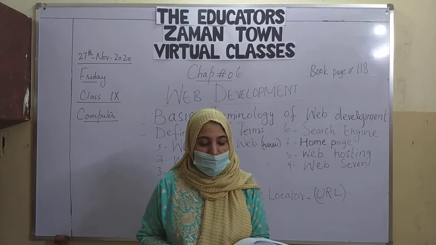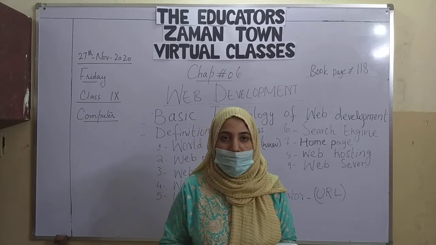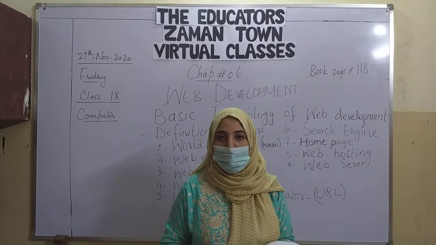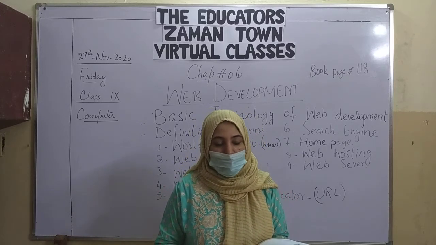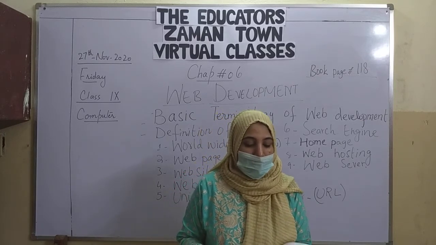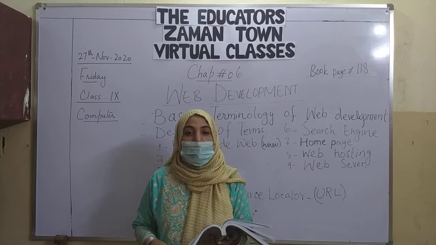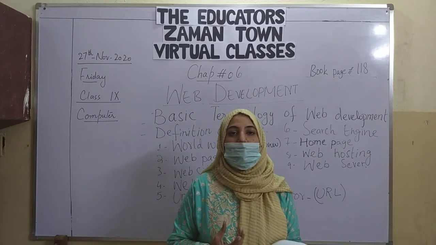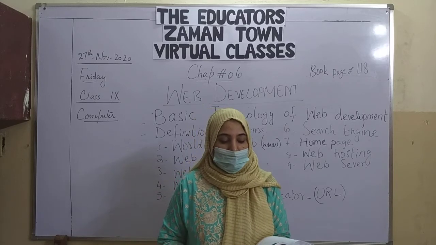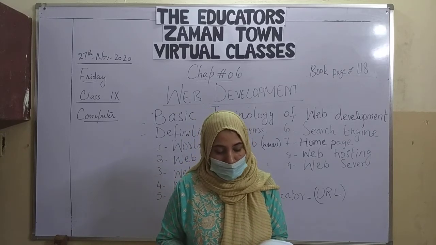So after this we have the informational website. Informational websites provide information about a particular topic, about medicine, about sports, about education and many more. And now we have the educational website. Educational websites are those websites which give information about education.